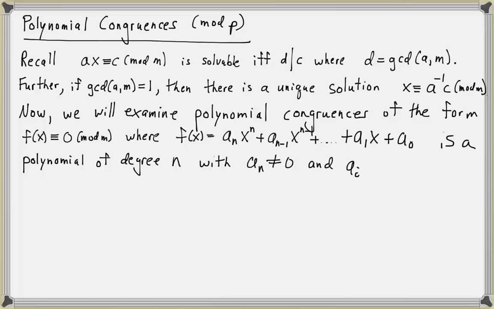So ai is an integer for all i. So we're going to look at polynomial congruences where all of the coefficients are integers.